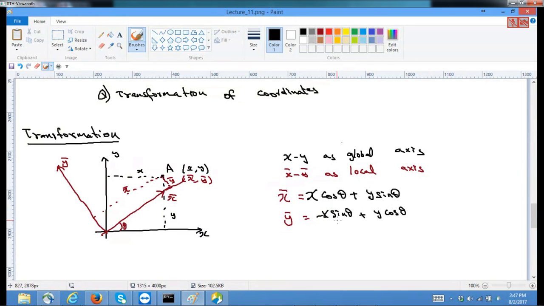If you look at it closely, you can show that this x bar is the sum of the x cos theta, which is this amount, plus the other amount, which is from y.